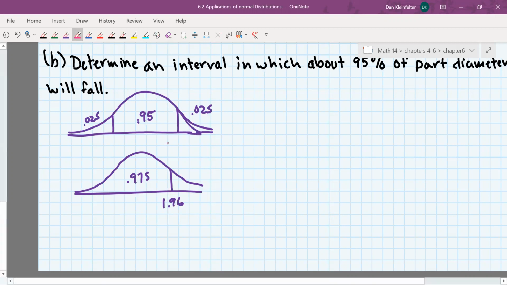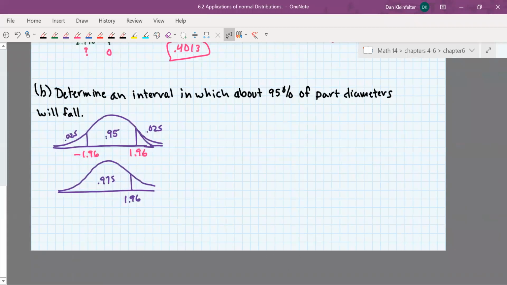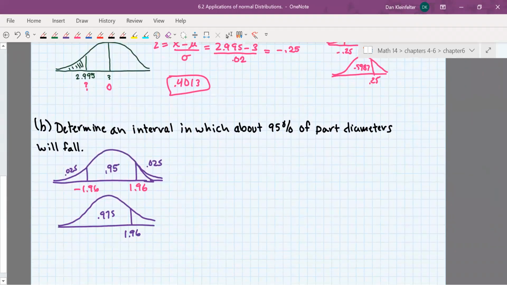Using symmetry, we'll have 1.96 and negative 1.96. Of course, these are not diameters for the parts, right? These are standard normal values. So we need to turn these into inches. So let's do that.